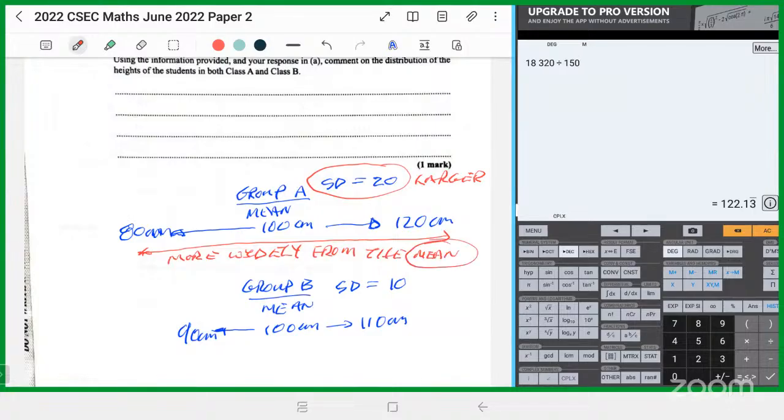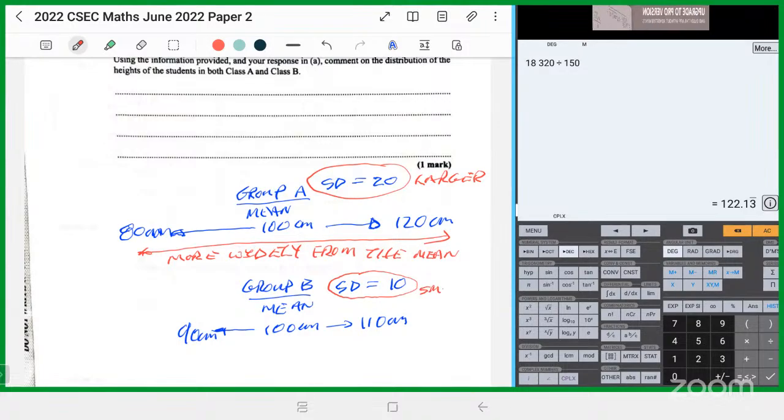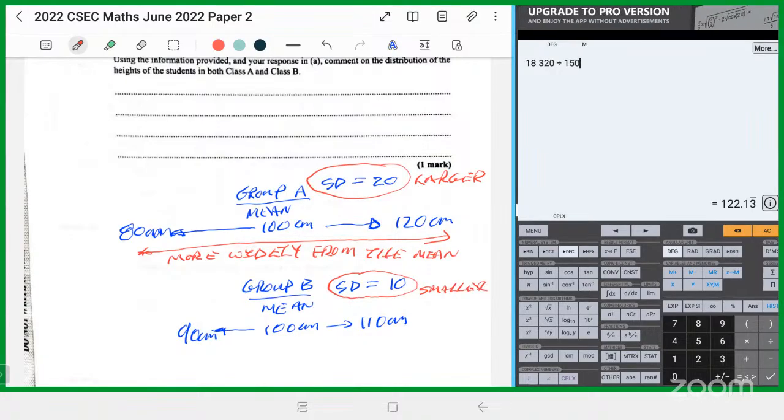Very important, right? And in this case, because this one has a smaller standard deviation, it means that the spread is closer, more closely spread from the mean. Not as wide as this one.